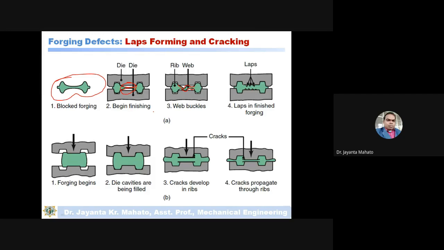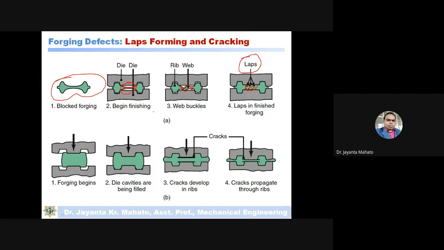After finishing the forging, this type of defect is produced, and it is called a lap.